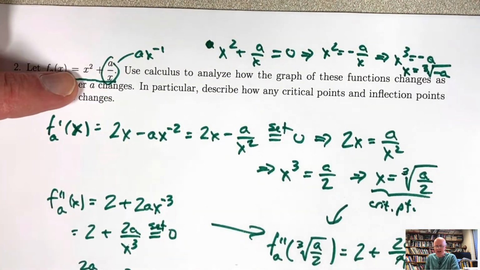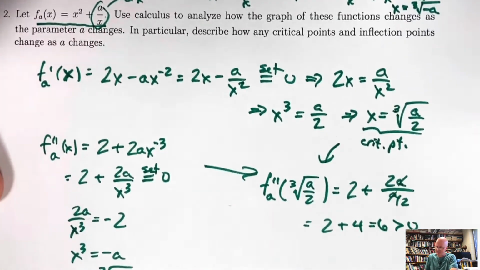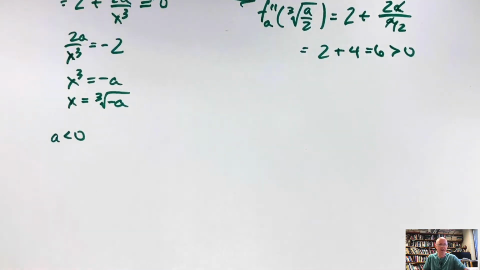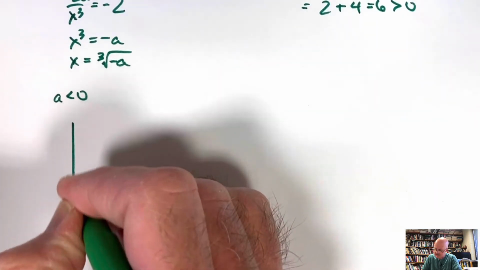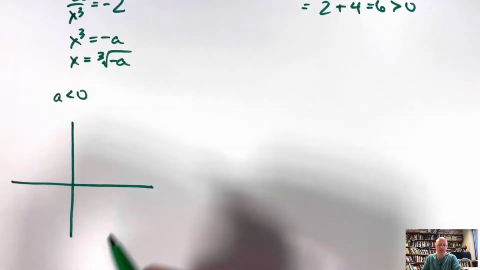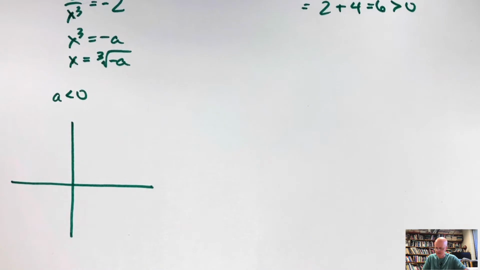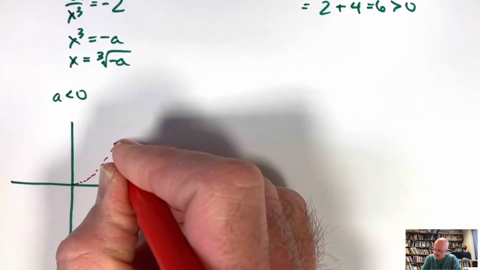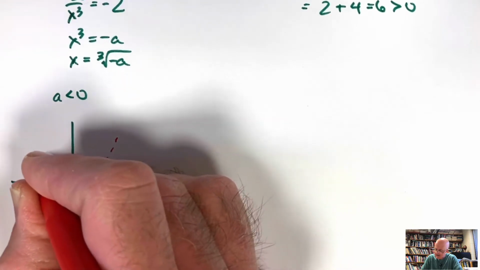We're adding x squared and a over x. It might be helpful to also think about adding those individual functions graphically. So let me use different colors here. Let's use the green for the axes. Let's graph x squared, first of all, and we'll make it dashed in red, like that.